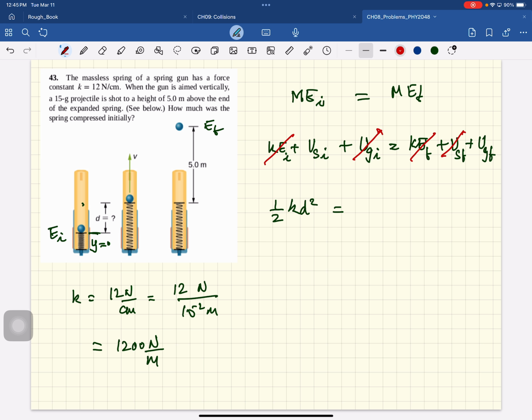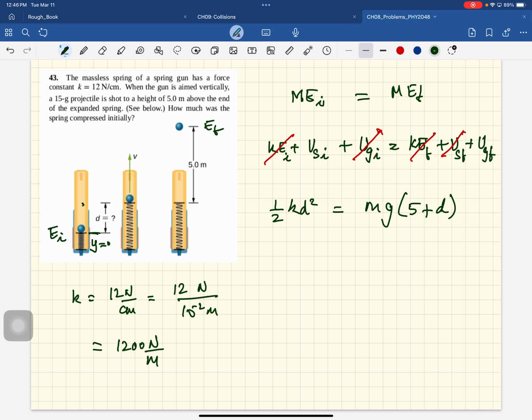So initial spring potential energy is equal to final gravitational potential energy, mg times how far it rose up: 5 meters plus d meters.